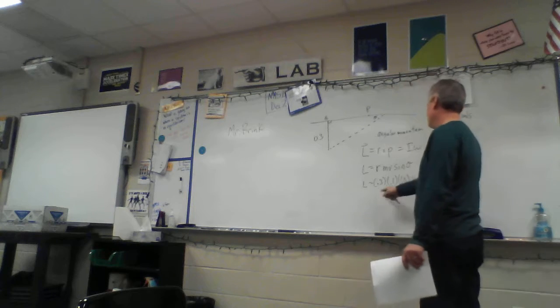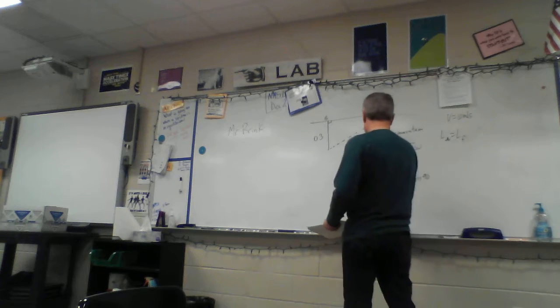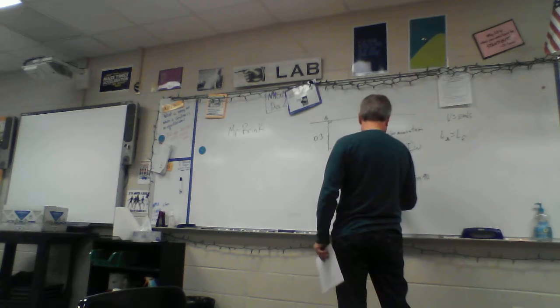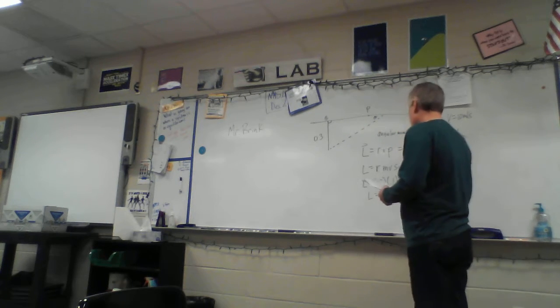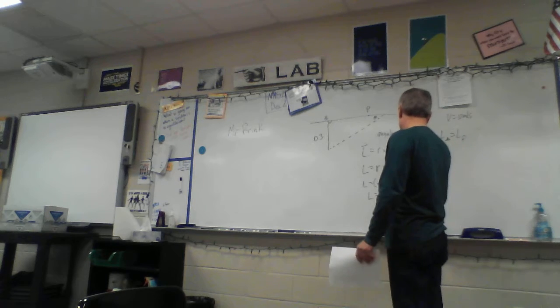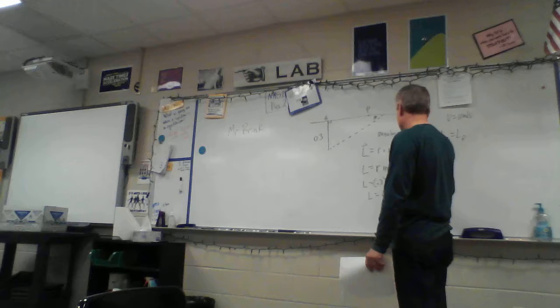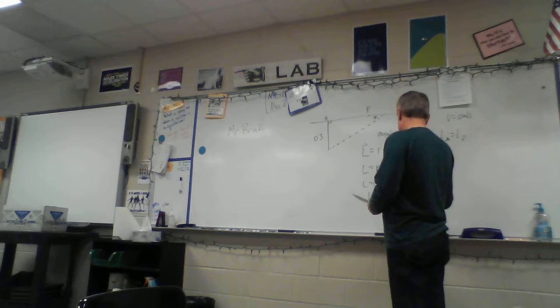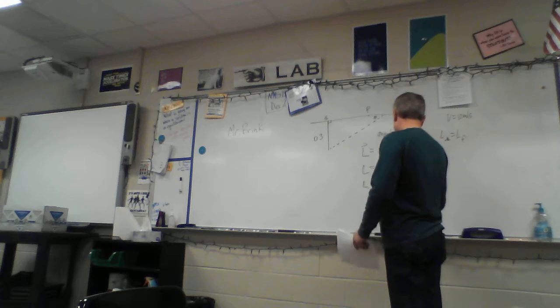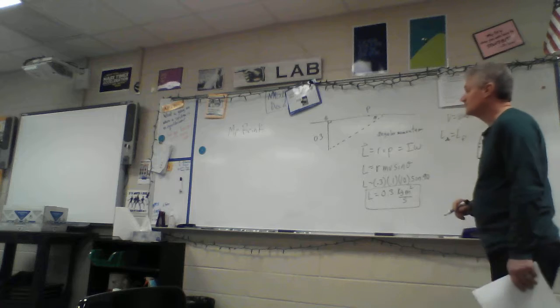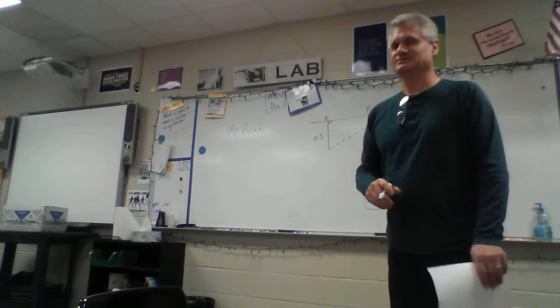So it's just 0.3 times 0.1 times 10, which is 0.3. And then the units are mass is kilograms, radius is meters, and velocity is meters per second, so it's meters squared over seconds.